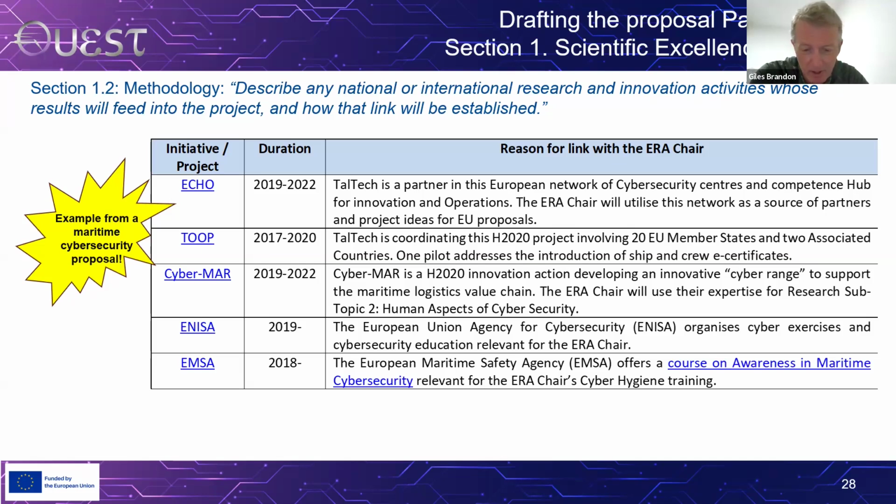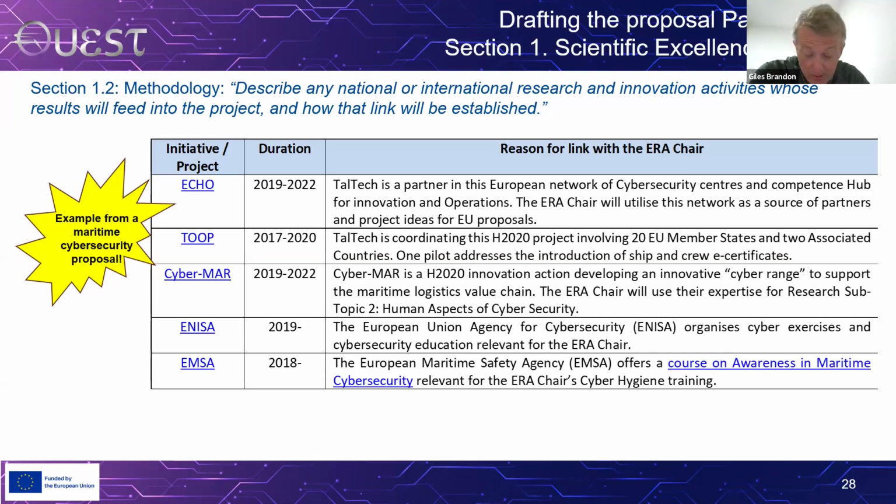This is a funding scheme under Widening. It funds professorial positions and research with a small research group. The funding is up to €2.5 million for about five years. This particular proposal and project was for maritime cybersecurity, an ERA Chair at Tallinn University of Technology.